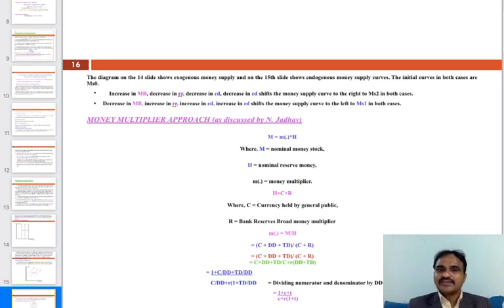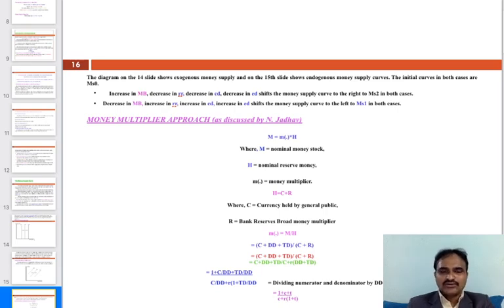A decrease in MB, increase in RR, increase in CD and increase in ED shift the money supply curve to the left, MS1, in both cases. These are the important factors that influence the money supply process, determining the exogenous and endogenous factors.